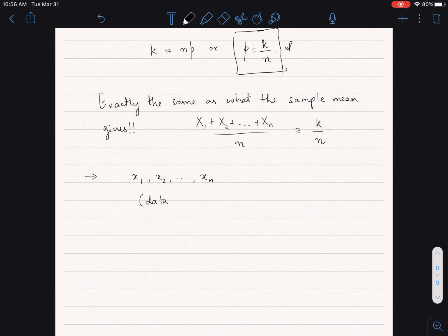Capital X's I usually use for random variables. Let's say I have these numbers, and these are real numbers, let's say drawn from a Gaussian, from some Gaussian of unknown mean mu and unknown variance sigma square like I have before.